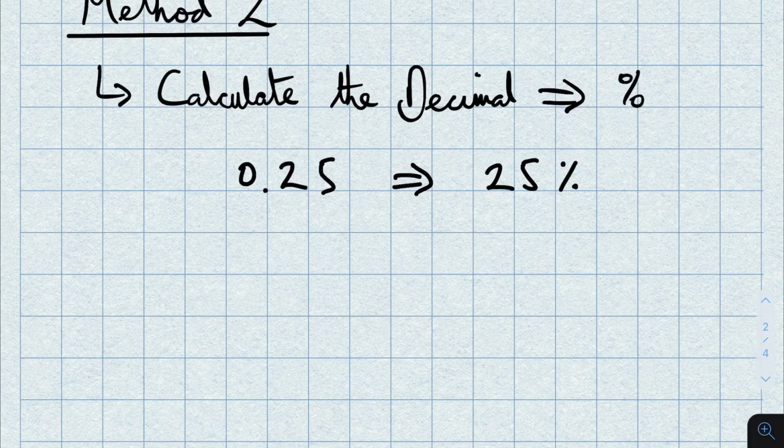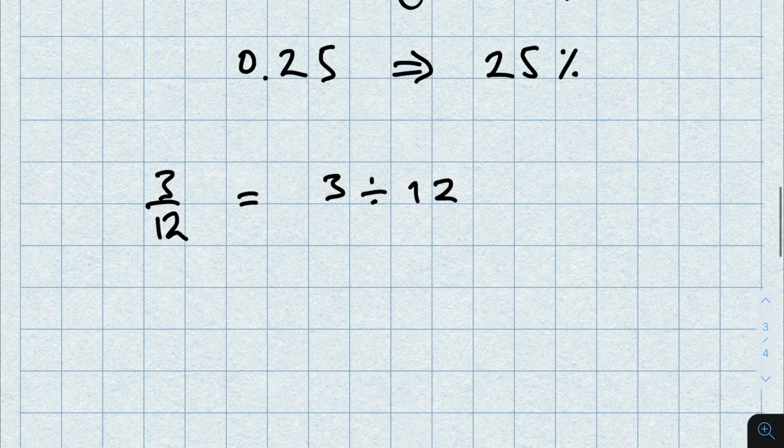Let's have a look at 3/12 again. Well, that's the same as saying 3 divided by 12. What is 3 divided by 12? Well, I can just quickly resort to my written methods here.